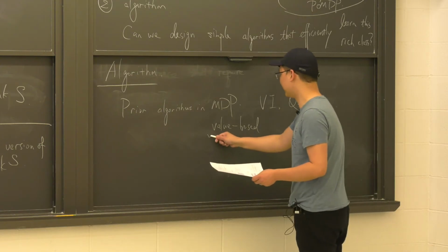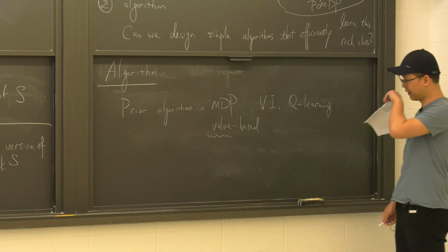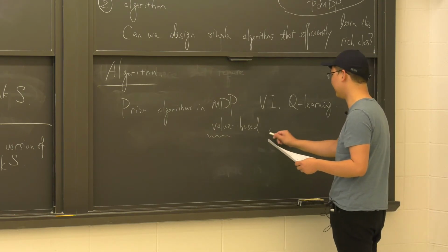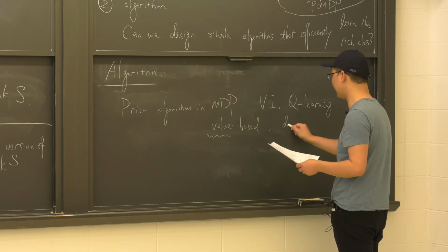However, we mentioned that the most difficult part about learning value here is that value has exponential size in POMDP. This depends on history.